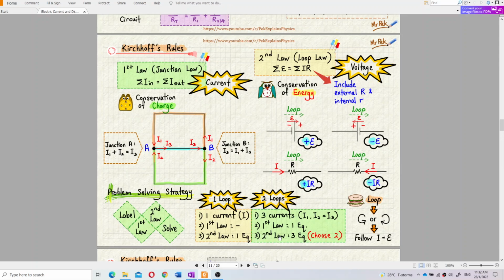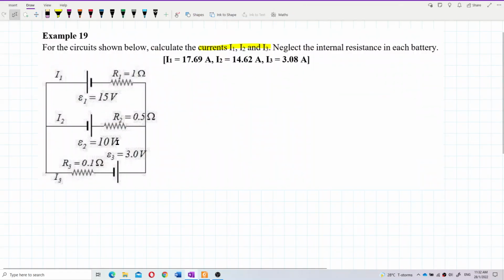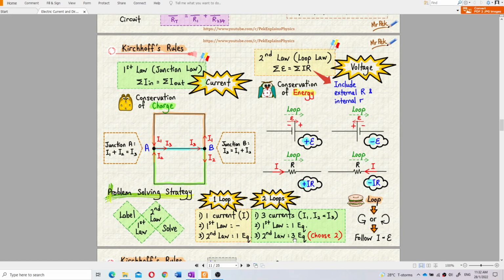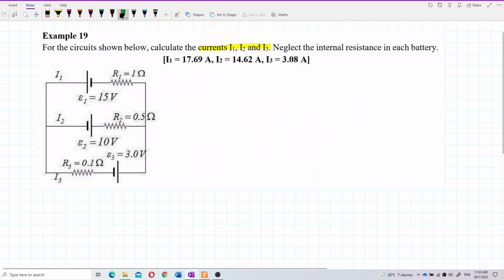For the second law, there are three loops available, so you can build three equations, but you only choose two of them to do simultaneous equations. So we have three currents, I1, I2, and I3.